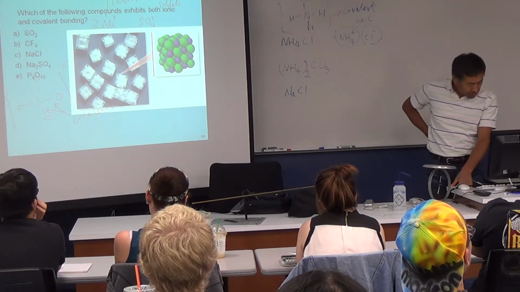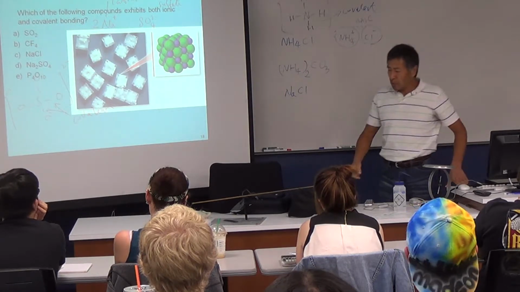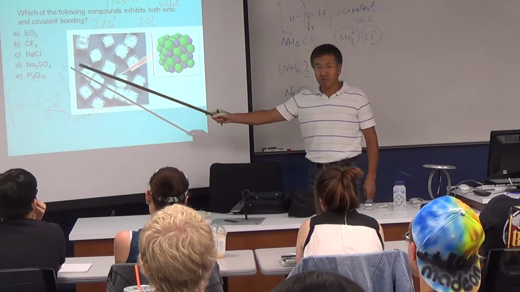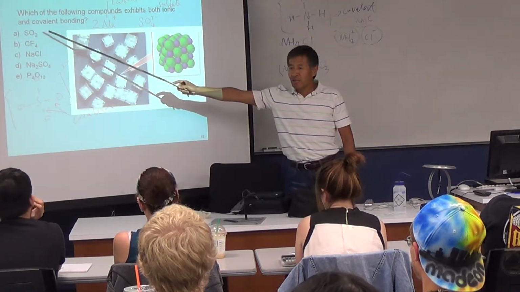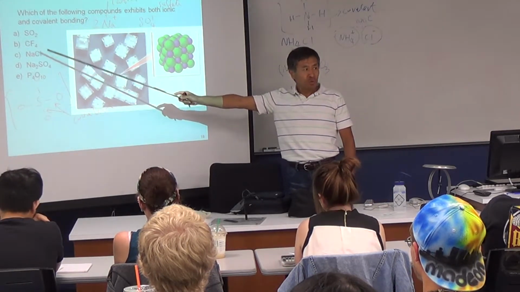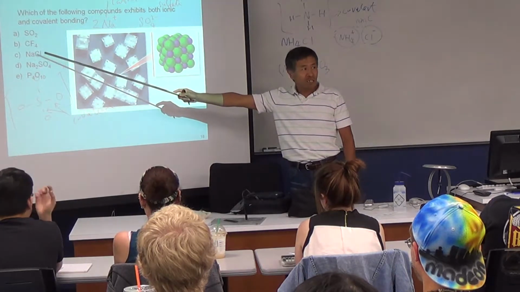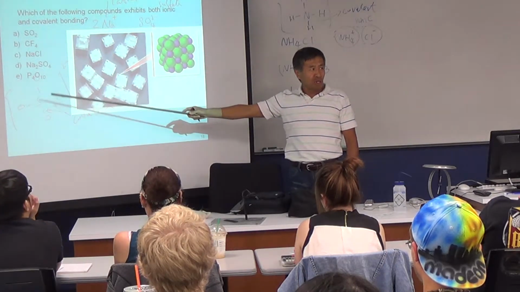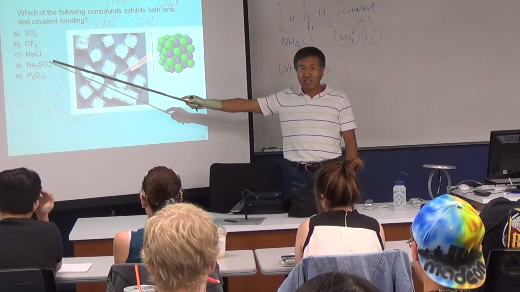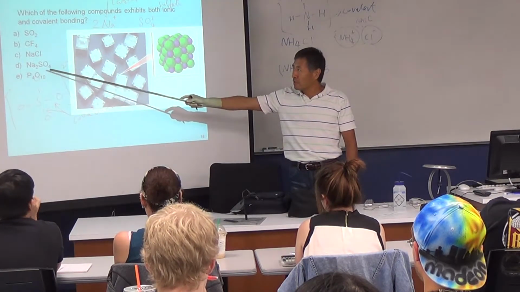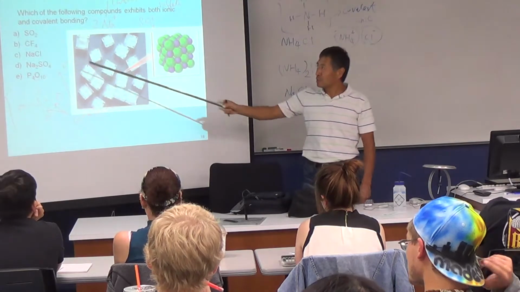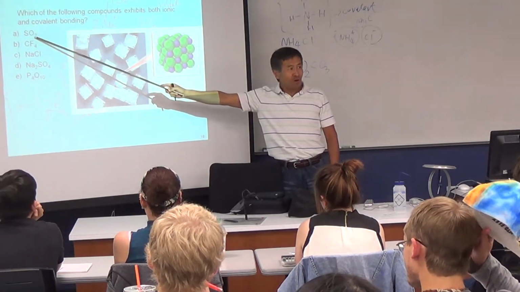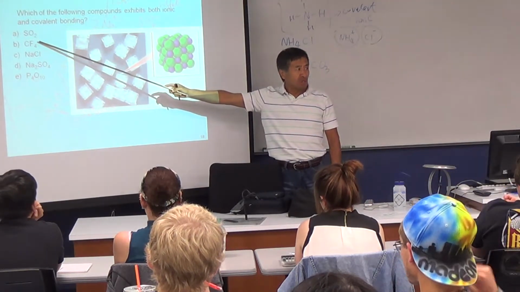You can study those in detail by yourself. Make sure you can also examine what bond is in SO2, what bond in CF4, what bond in NaCl. In this SO4 there's only covalent.